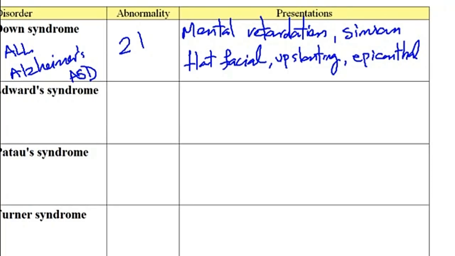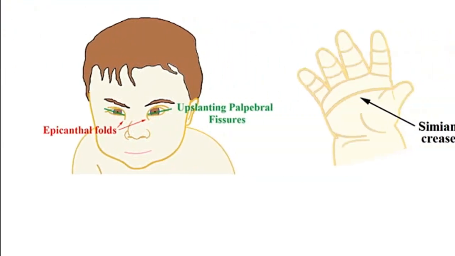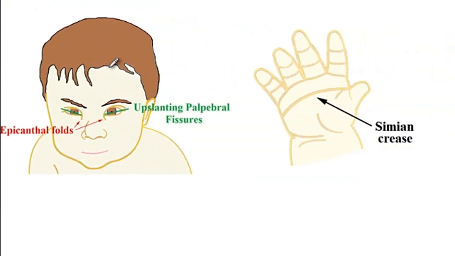Now, just to review the features of Down syndrome with you one more time. So these patients can have flat faces, upslanting palpebral fissures, epicanthal folds, as well as a single transverse simian crease. So you know how normal individuals have 2 different creases right here in their hands. Patients with Down syndrome have a single transverse simian crease.